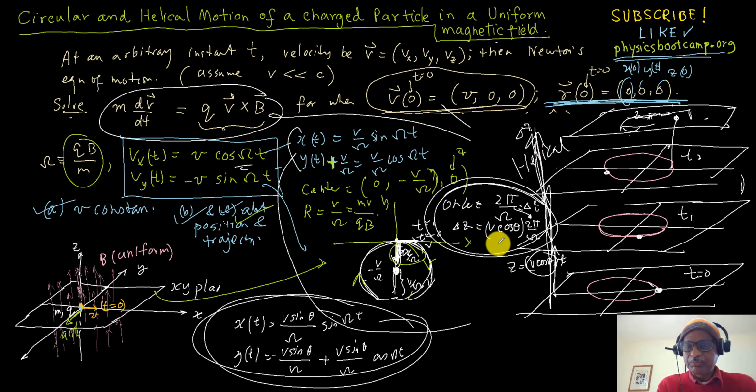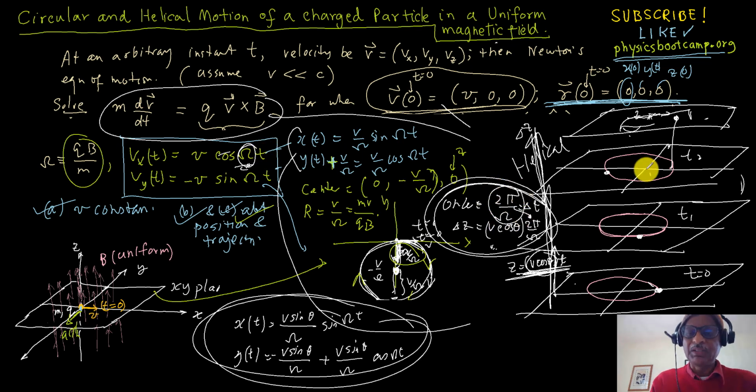Often people ask this question: how long will it take before it comes back to the same point in the xy plane? And how much distance along the z-axis would it have moved? You can figure that out by knowing that z is moving at this rate, and so you have to figure out how much time it takes to go once around. Going once around is just a circular motion at this angular velocity, so the time is 2 pi over omega.